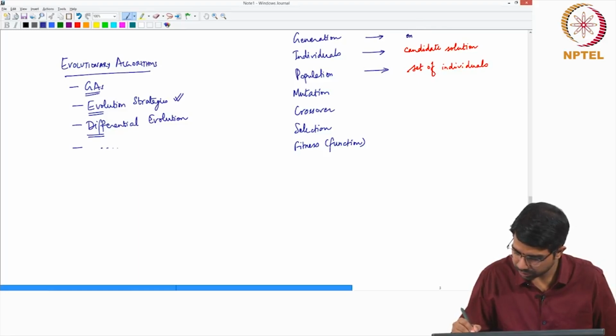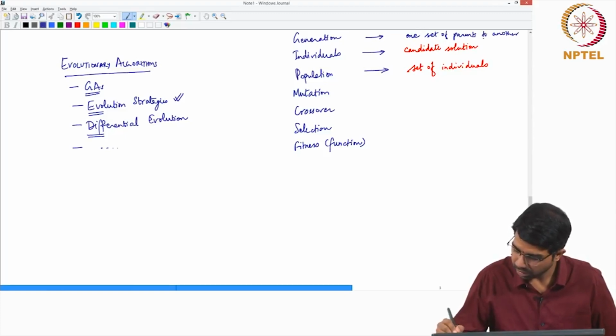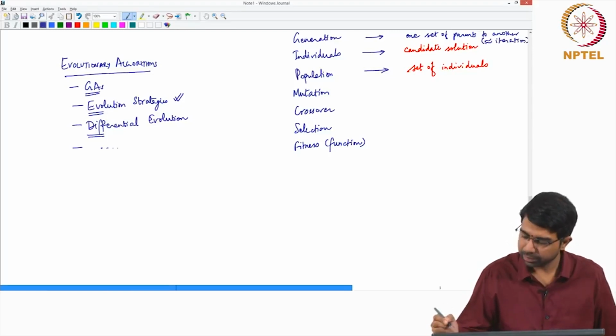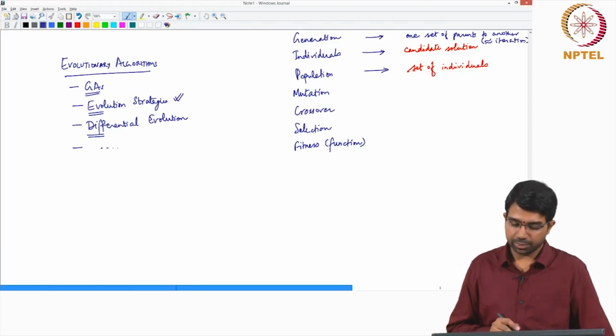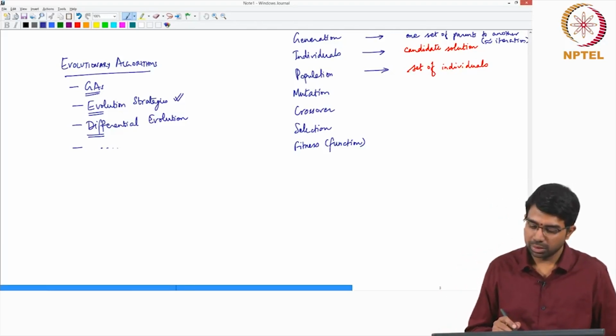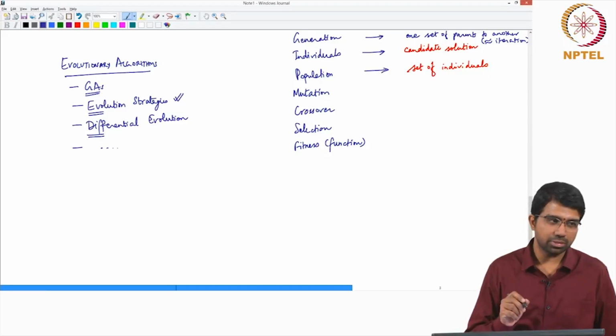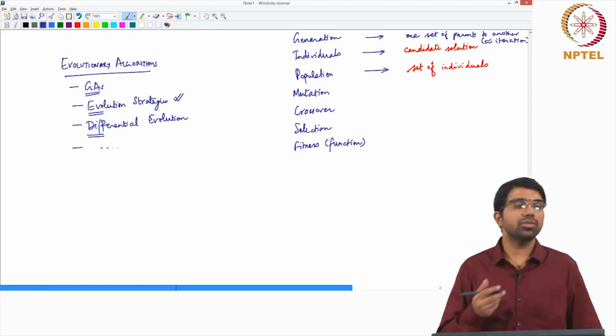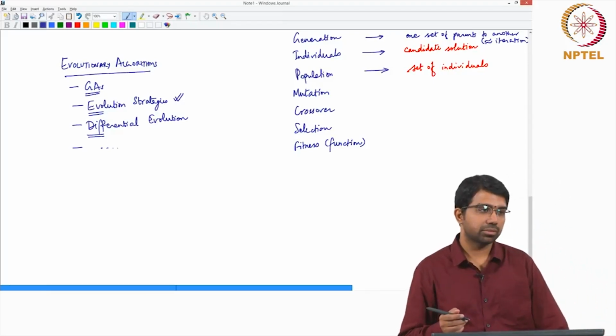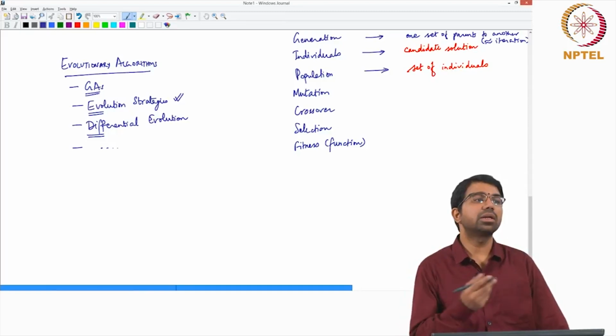Generation is like an iteration. Initial condition is the initial population. The number of generations will be a hyperparameter. But how can I have a group of initial solutions, initial conditions? I'll have random x naught.